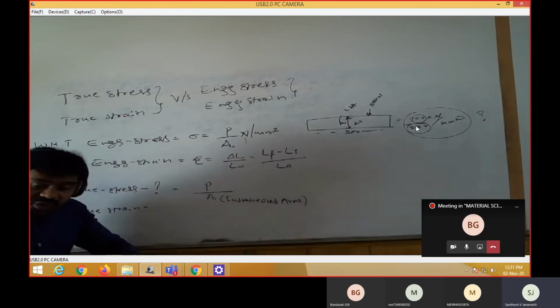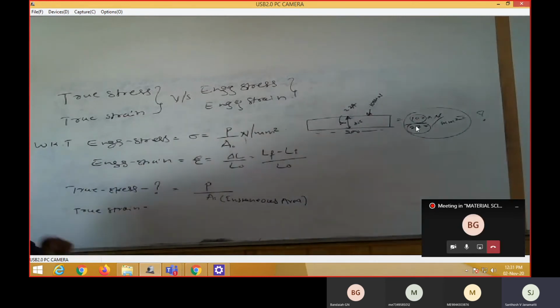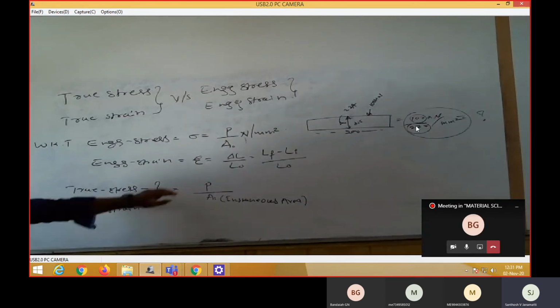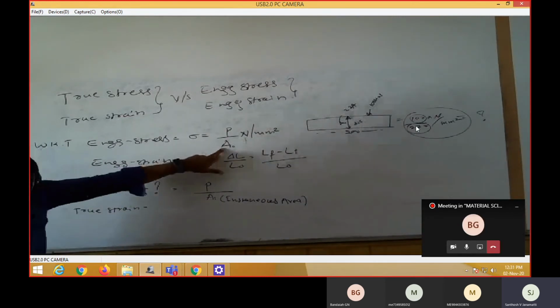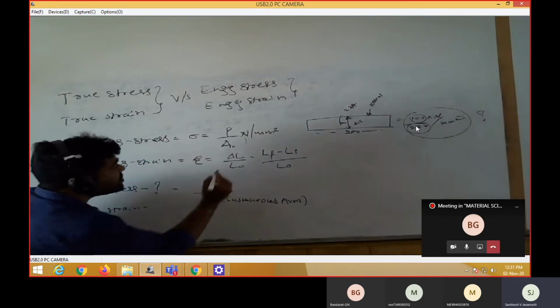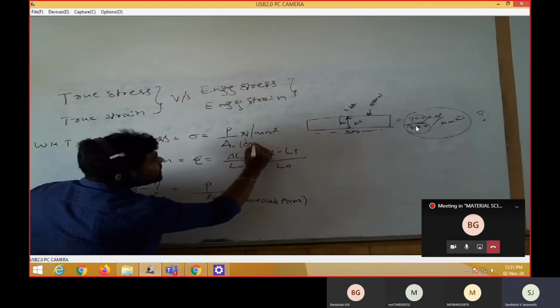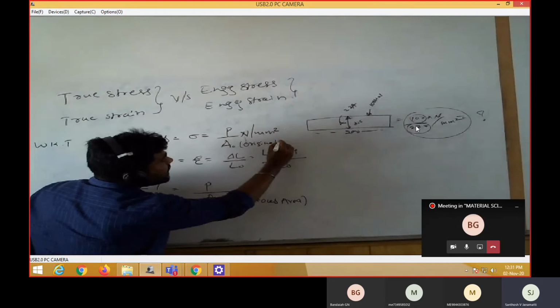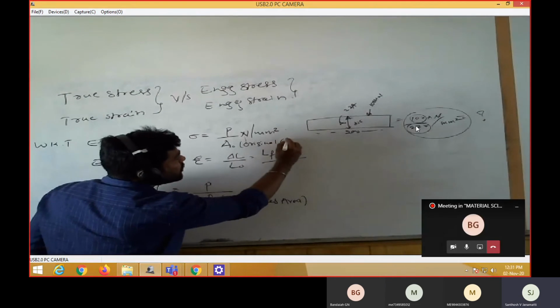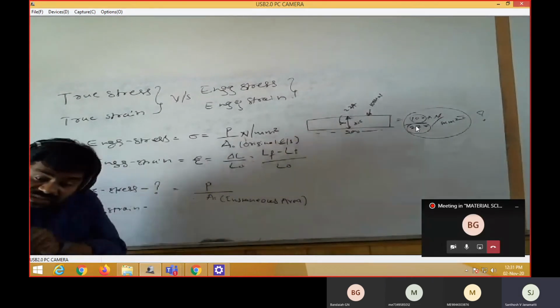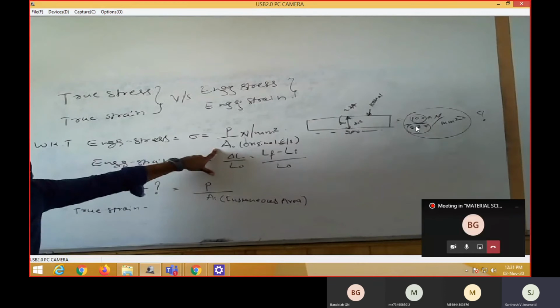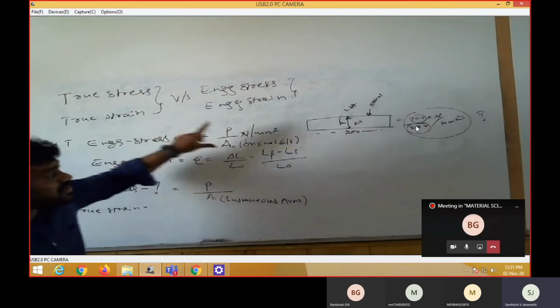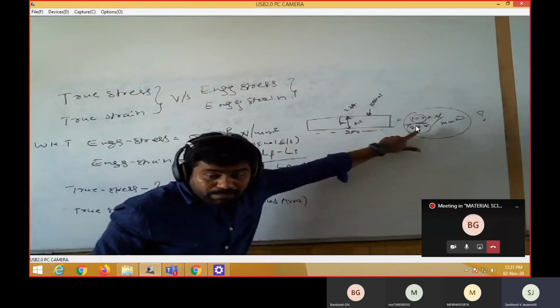If you want to calculate the true stress, then you don't consider the original cross-sectional area. If you consider the original cross-sectional area, that is the engineering stress, 224.